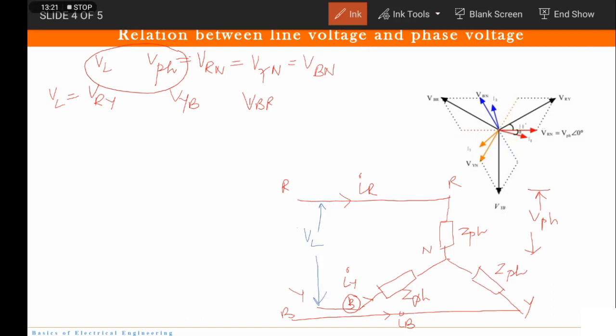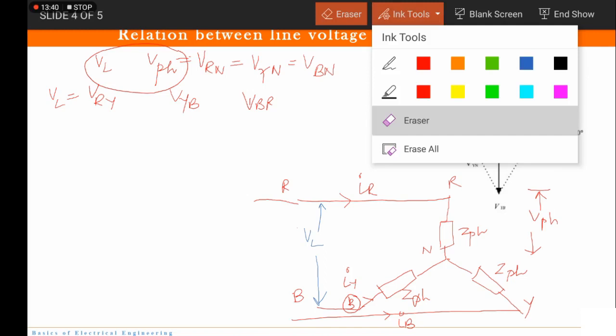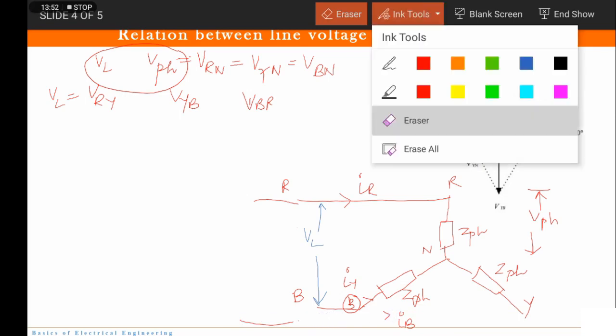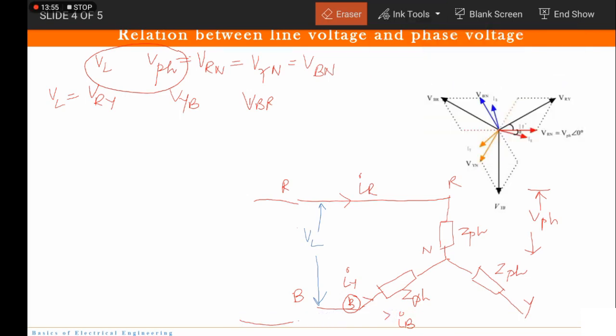Okay, this is B and this is Y. So if I want the line voltage between R and Y... I'll do one thing.